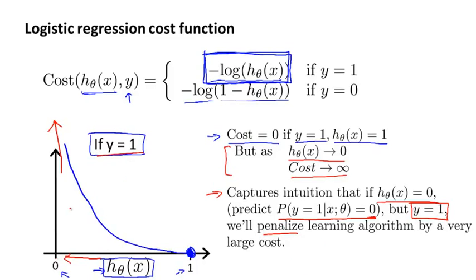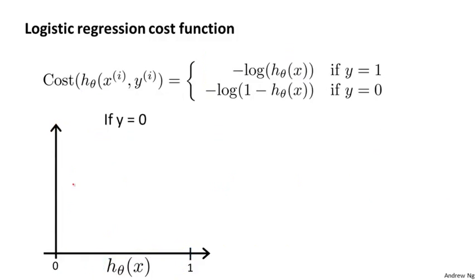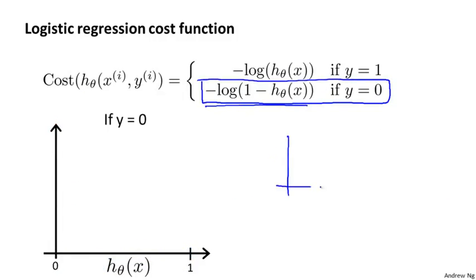This slide considered the case of y equals 1. Let's look at what the cost function looks like for y equals 0. If y is equal to 0, then the cost looks like this expression over here. And if you plot the function minus log 1 minus z, what you get is the cost function that looks like this. So it goes from 0 to 1, kind of like that.